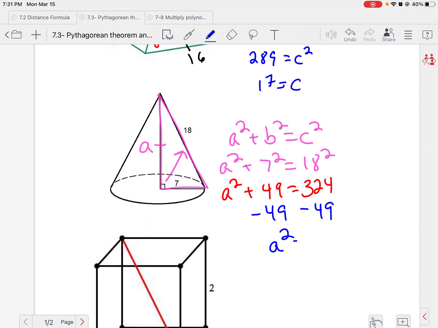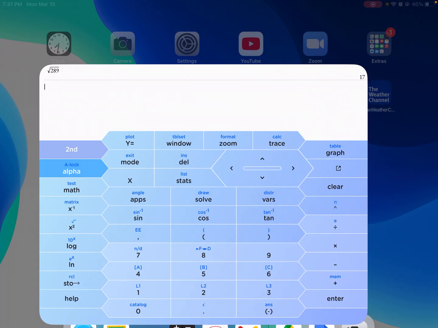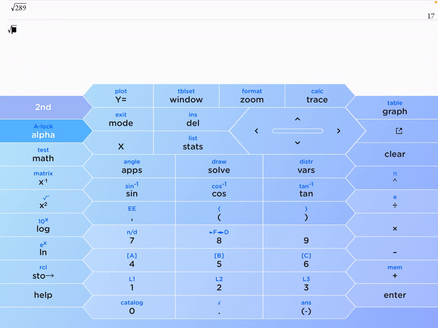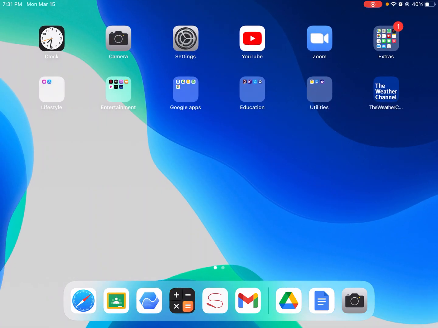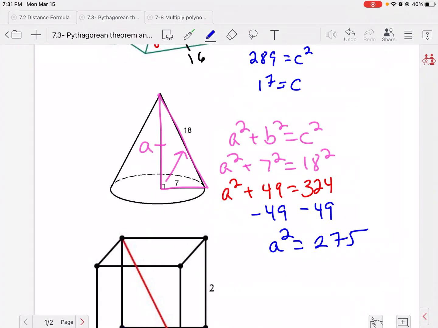So we get a squared equals 324 minus 49, which is equal to 275. If we take the square root of 275, which I believe is not a perfect square, but it's always good to check, we get some long decimals, so we can just leave it as the square root of 275 for now. So we square root both sides, and a equals the square root of 275, which is approximately 16. I don't remember what the decimal is.